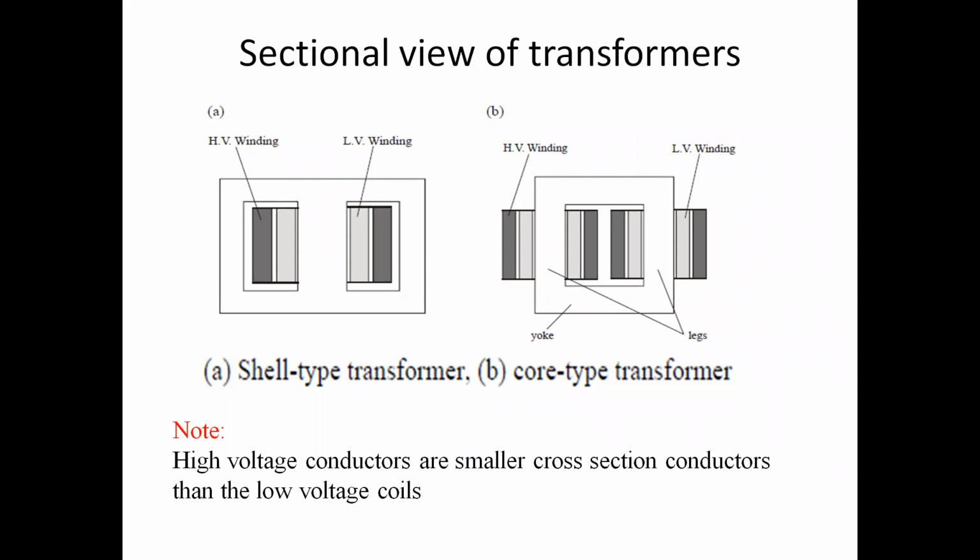To reduce magnetic leakage. Magnetic leakage can also be reduced if we interchange, meaning first we put the HV, then over this the LV, which is also interleaved. But why do we first put the LV winding and over this LV we put the HV?